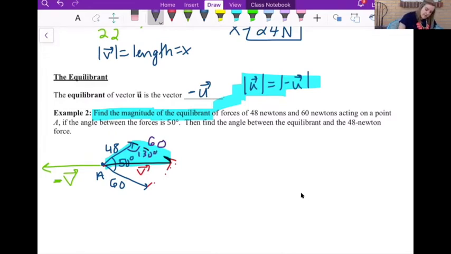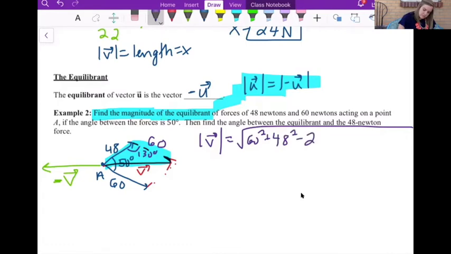And so then I know that the magnitude of v is just like what we did up in example 1. So we're going to use the law of cosines again. So this is going to be equal to the square root of 60 squared plus 48 squared minus 2 times 60 times 48 times the cosine of 130.